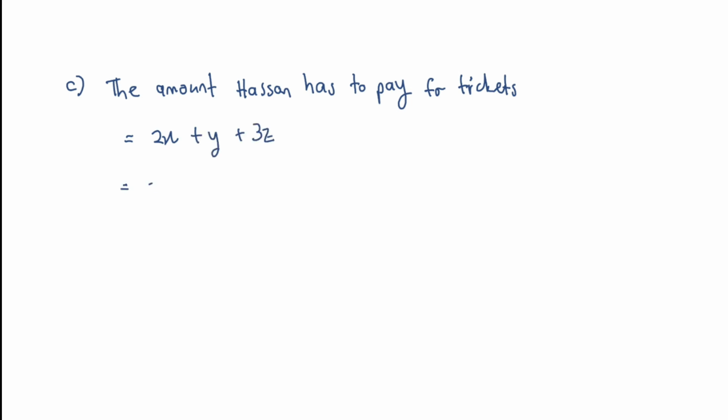So what is the value of x? Here 35 plus 24 plus 3 times 28. Since you are doing all in ringgit Malaysia, the final answer is RM178.00. Understand, everyone?